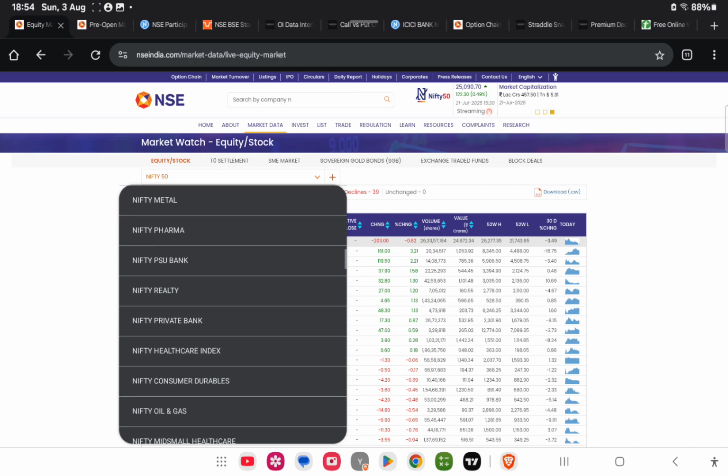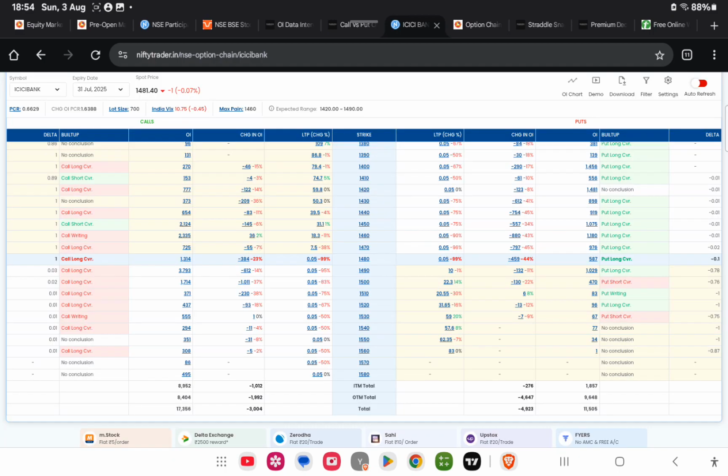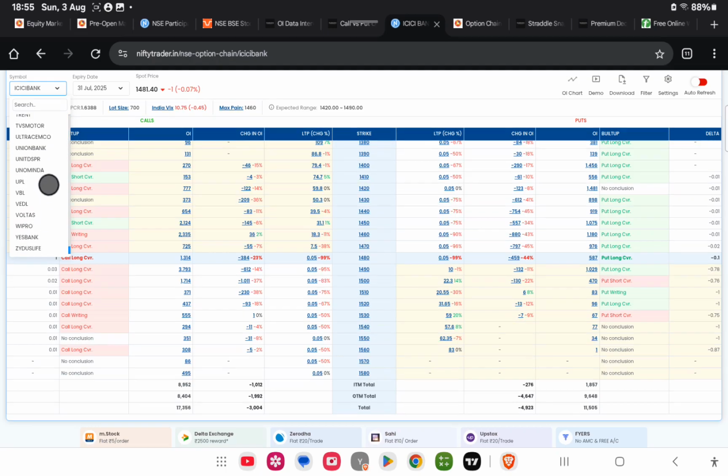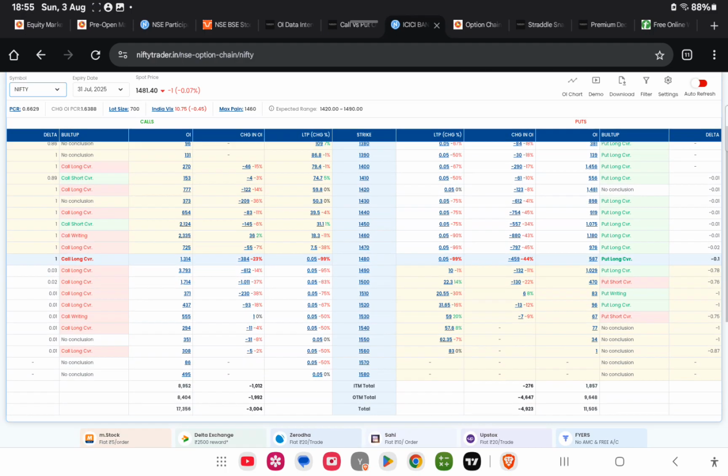But we are not going to concentrate on that, because today I am just going to show you how to analyze this one. You have the index plus all the stocks A to Z listed in futures, so here you can select the symbol. I am going to select Nifty because that is the popular index in India.